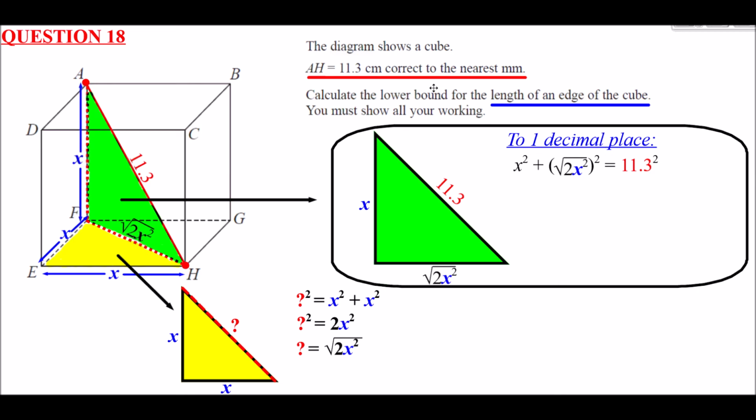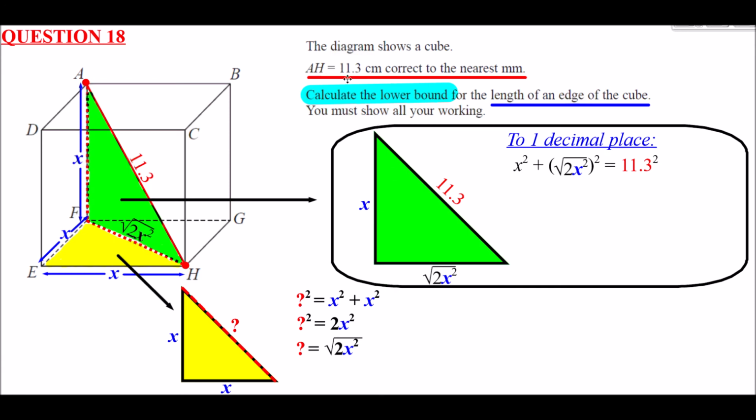But actually, we're not just thinking about one decimal place here. We're wanting to be thinking about the lower bound. So the lower bound for the length of each side would give the lowest bound as well for AH. So if x was as small as possible, so would AH be as small as possible.